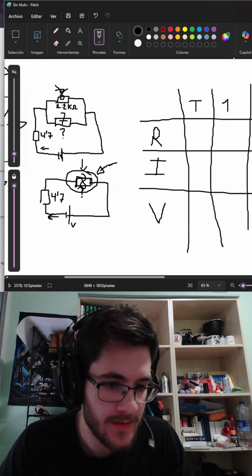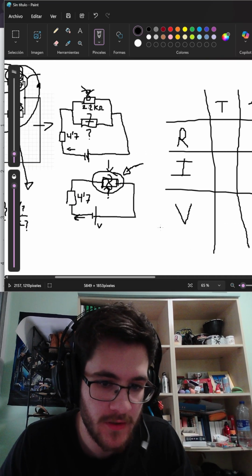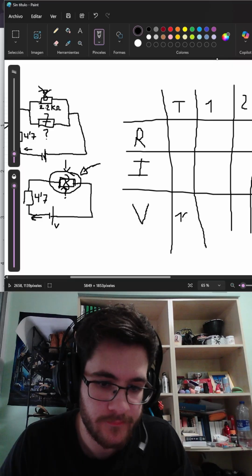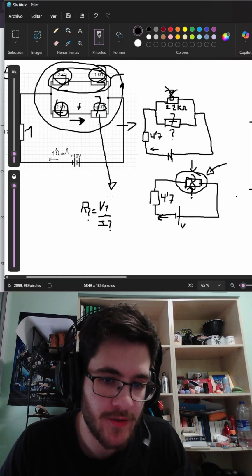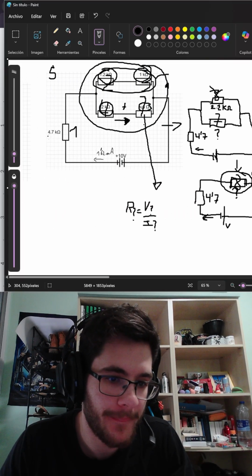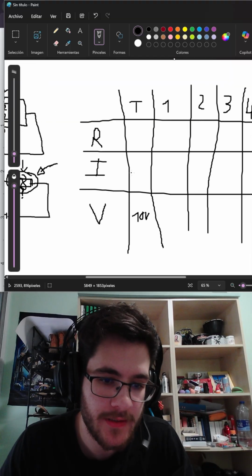We know the total voltage, that is 10 volts. Also we know the intensity, 1.6.